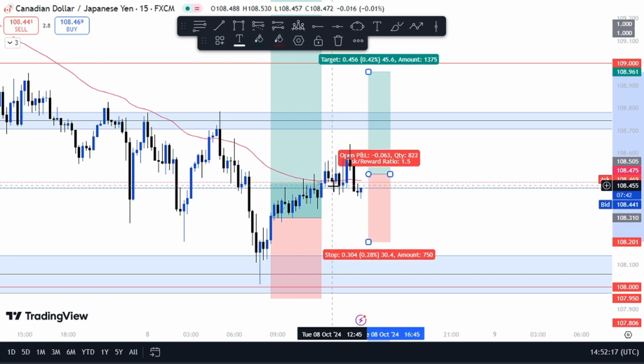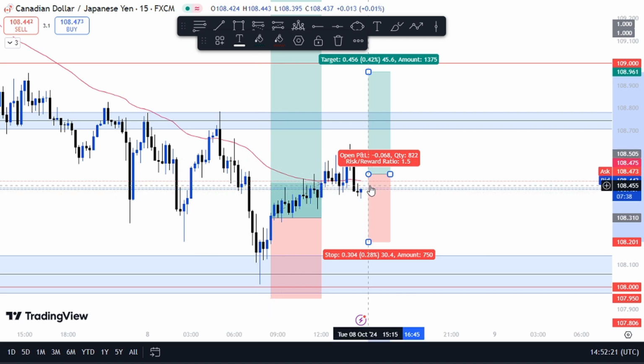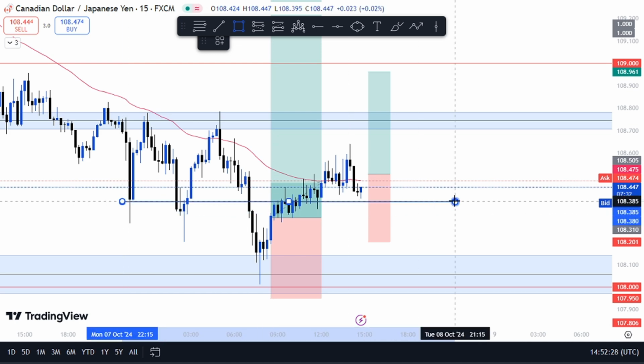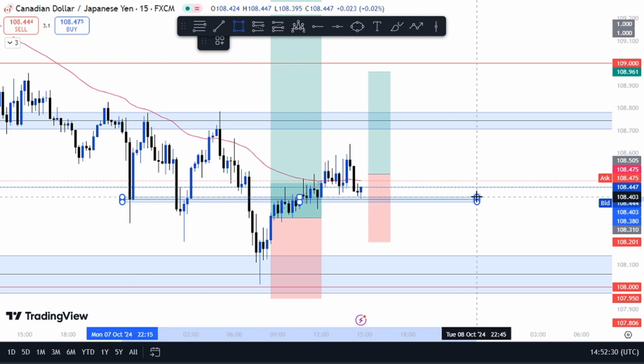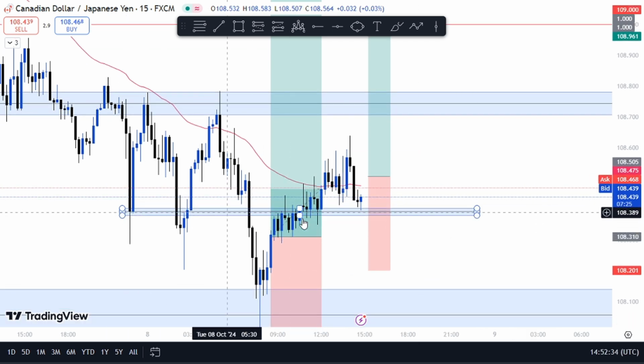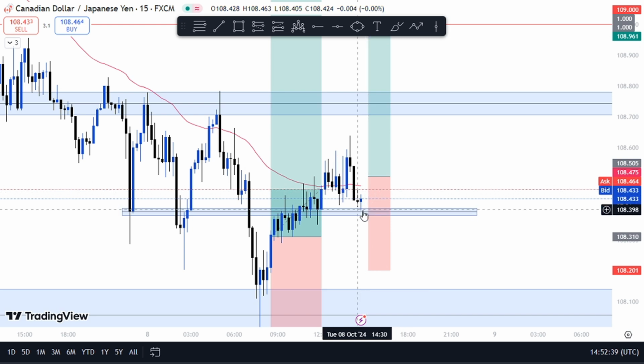I want to see an engulfing candle on this 50 EMA. I want to see an engulfing candle right here. So I was expecting market to probably come to this resistance level, right? At this support level. As you can see, it is doing that right now. I want to see market come to tap this zone and give me an engulfing candle.